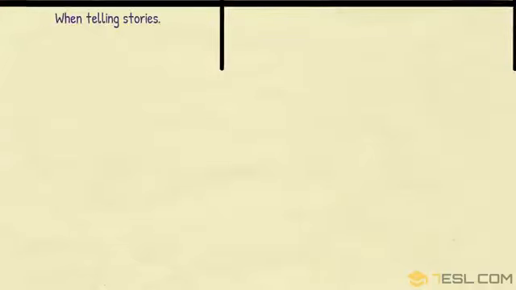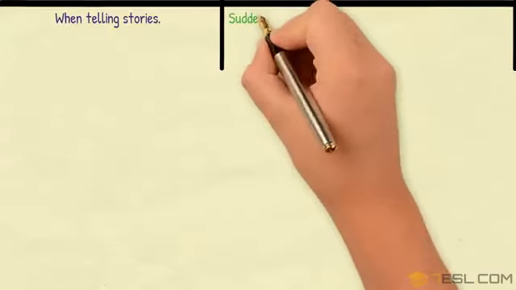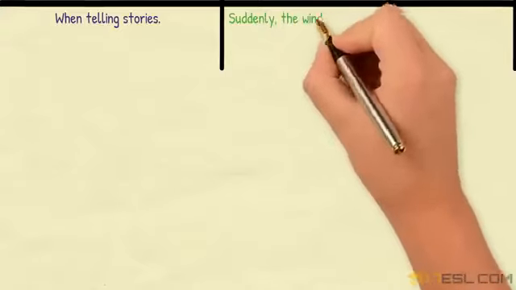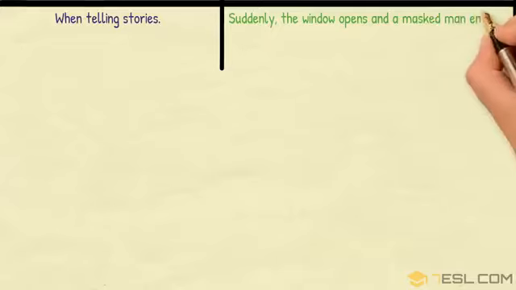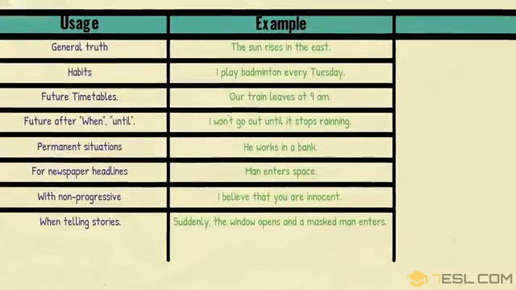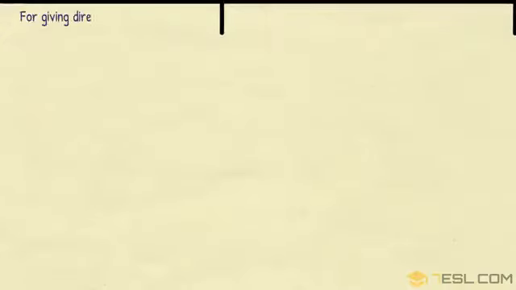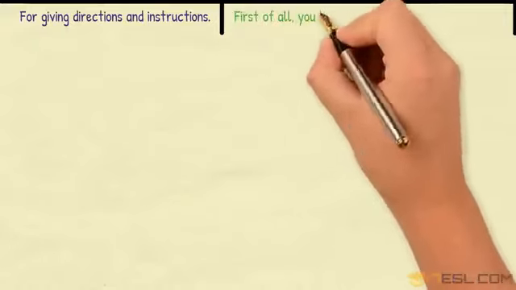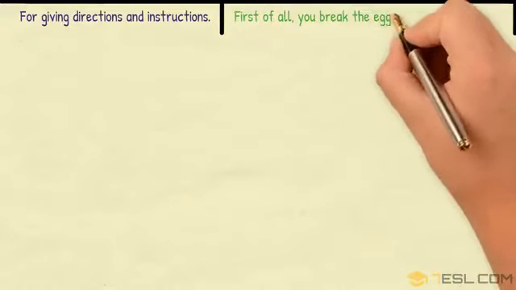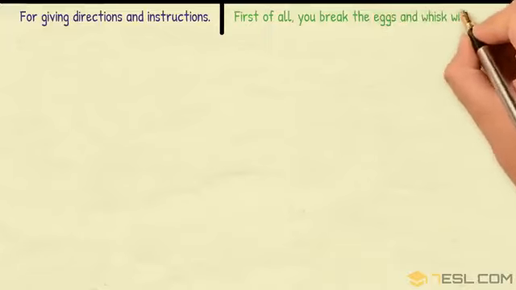When telling stories: suddenly, the window opens and a masked man enters. For giving directions and instructions: first of all, you break the eggs and whisk with sugar.